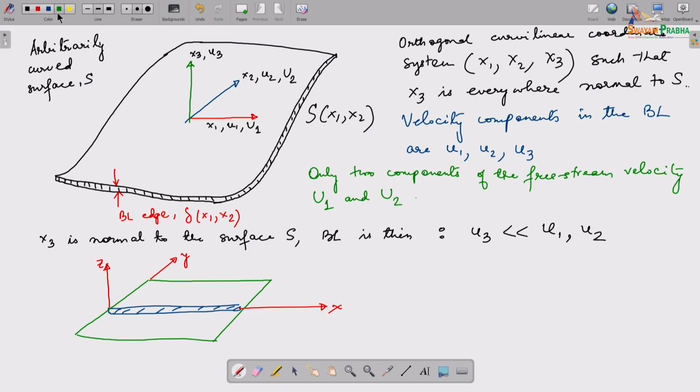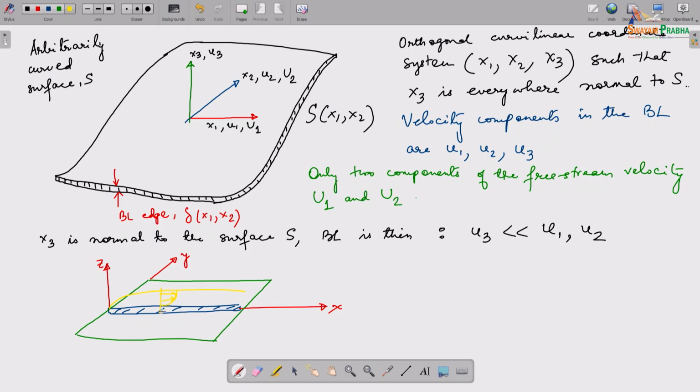The kind of profiles we've seen earlier were something like this, where this is u, and we would take the velocity there to be 0. What we are saying now is exactly the same even here.